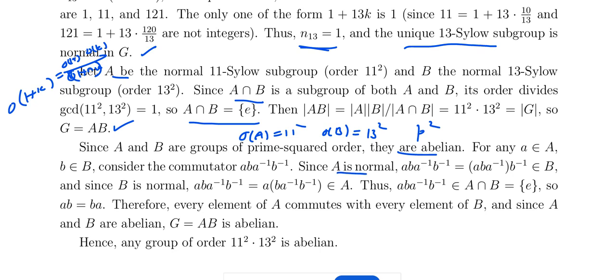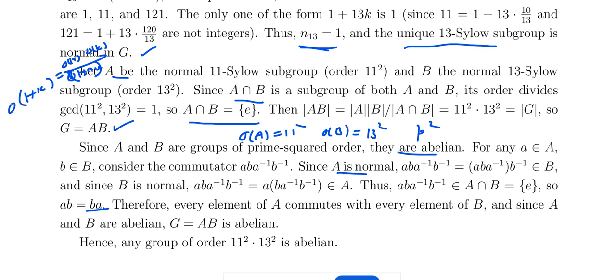A is normal, we know. So a b a inverse b inverse equals a into (b a inverse b inverse), which belongs to A. And B is normal, so a b a inverse b inverse equals (a b a inverse) into b inverse, which belongs to B. So it belongs to both, A intersection B, which is the identity element, so that ab equals ba.